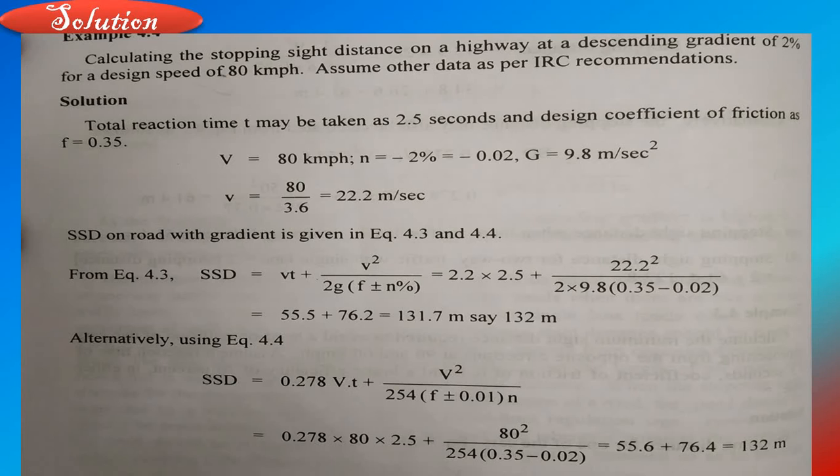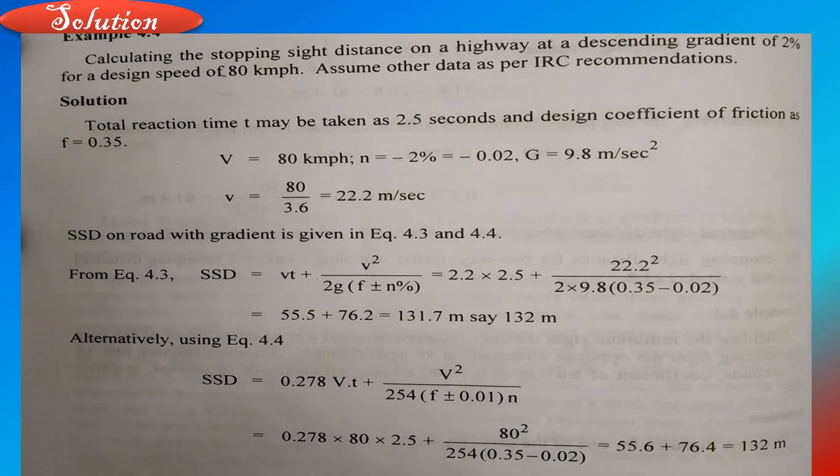And here design speed is given, that is 80 kmph. So we need to calculate the stopping sight distance for 80 kmph speed on a descending gradient of 2%. And remaining values we need to assume according to the IRC recommendation.